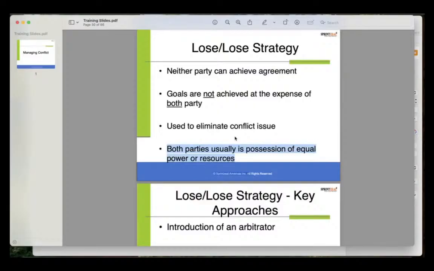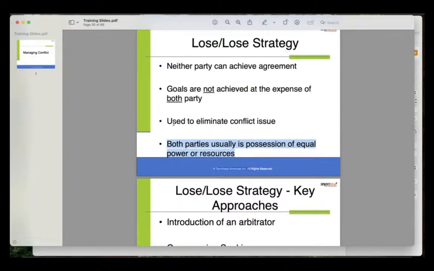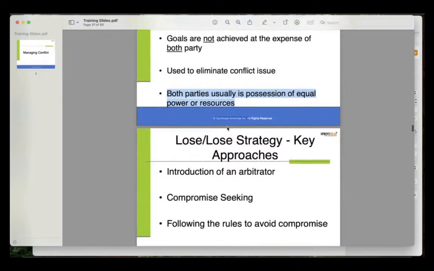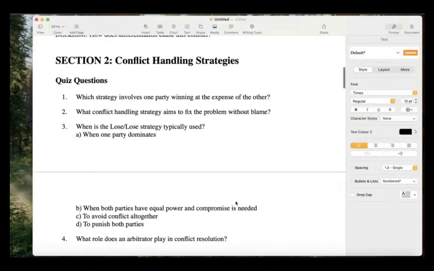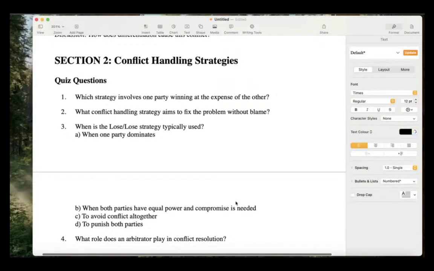Basically, we have discussed maybe we can use this strategy to eliminate the conflict issue, but here it is compromise-seeking. So the key approach that we use here is compromise-seeking and not avoidance. So now you can relate. Is it clear to you? Are you able to relate? Okay, great.